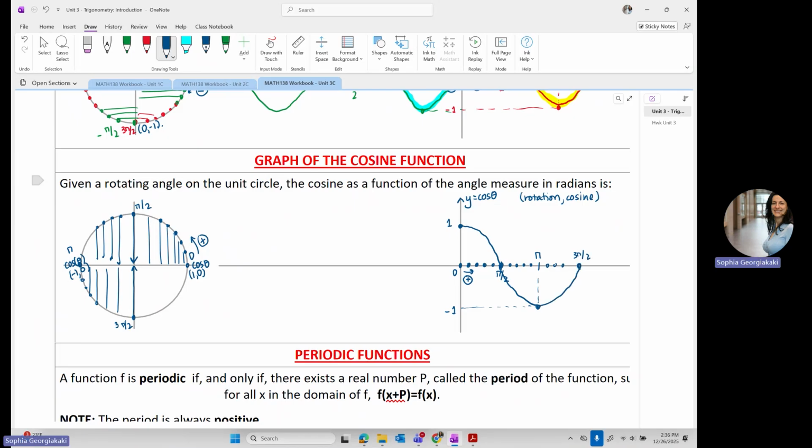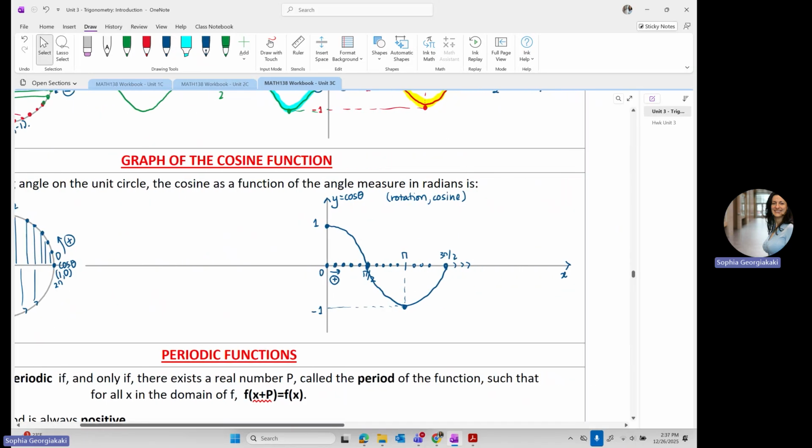And then when I pass 3 pi over 2, which means I keep going here in quadrant 4, I'm right here, my cosine will be positive, and when I hit rotation 2 pi, I will have a cosine equal to 1.